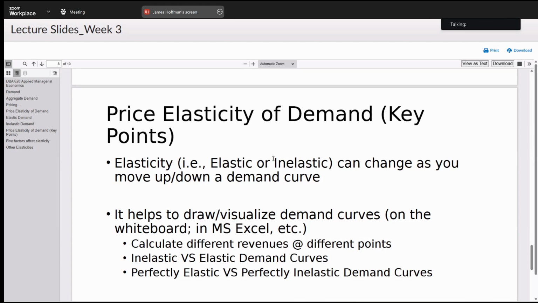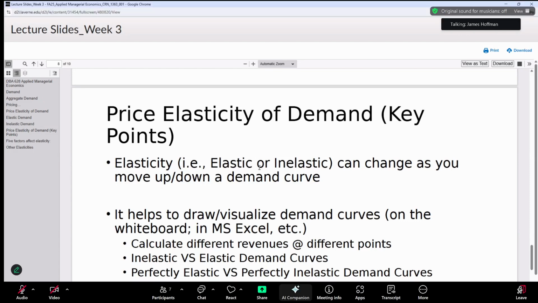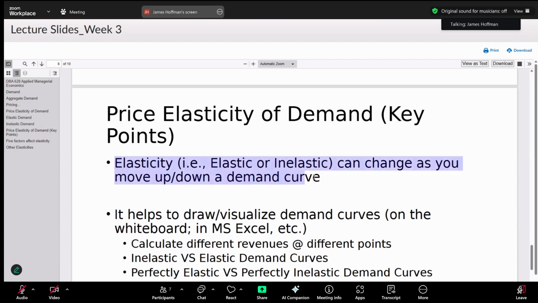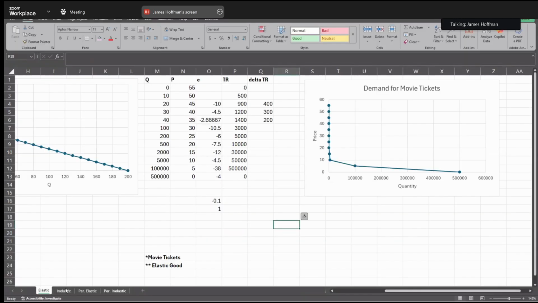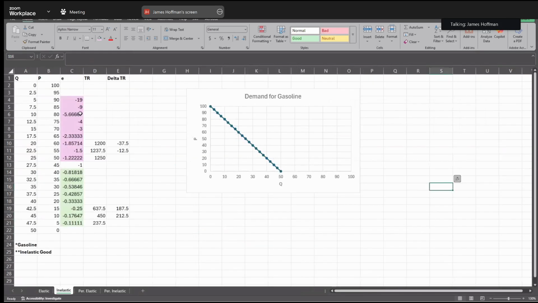And curves that are inelastic aren't inelastic at every point necessarily. There could be points where it changes to elastic, like we saw in the gasoline example, and vice versa. So in this example, in this lavender portion, at the higher prices, demand was elastic, and in the lower portion, the relatively lower prices for gasoline, it was more inelastic.